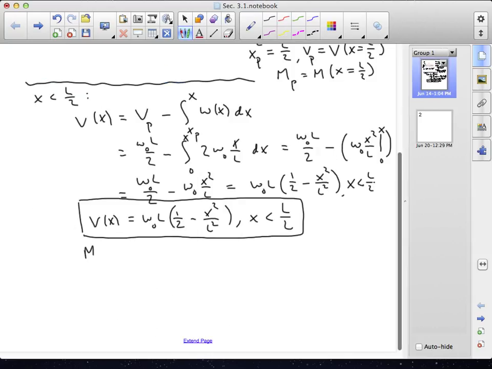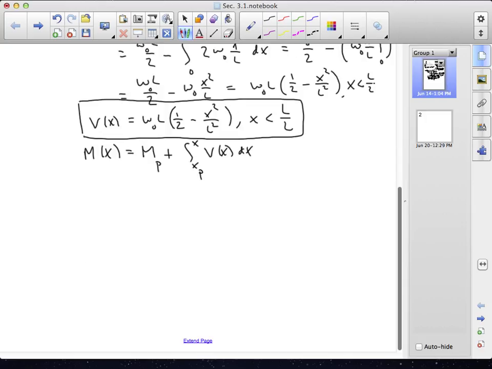For our bending moment, we have this expression. M of x is now minus 1/4 W0L squared plus the integral from 0 to x of V of x dx.